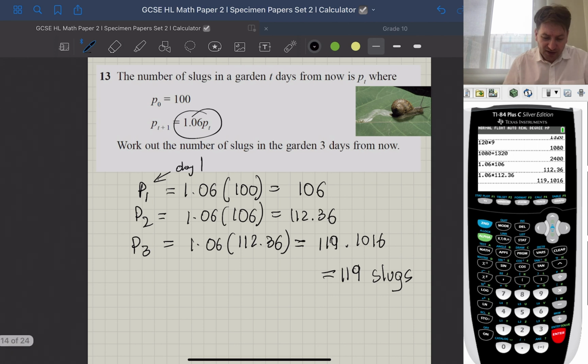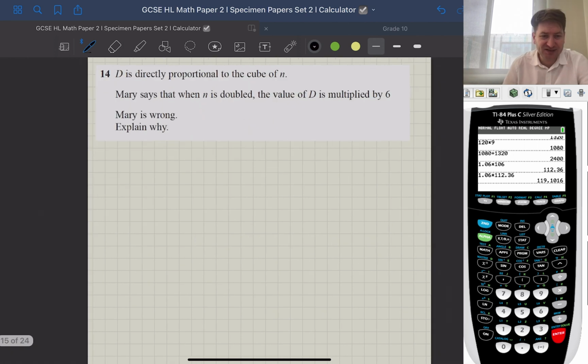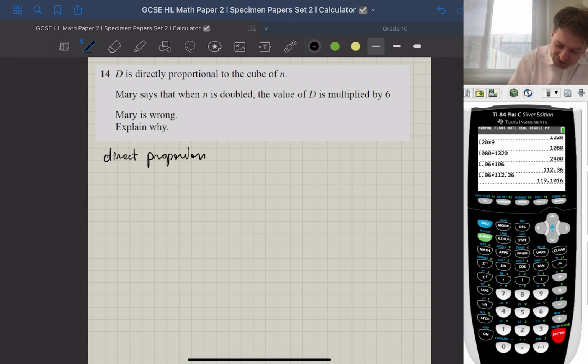Nice. All right, question number 14. This is a direct proportion. Okay, so that's a nice one. Pretty much every time now there are direct or inverse proportion questions. Right, direct proportion is y equals kx. That's the formula, right?